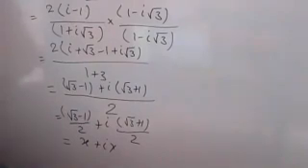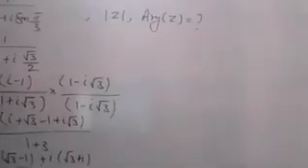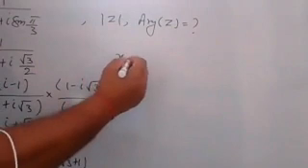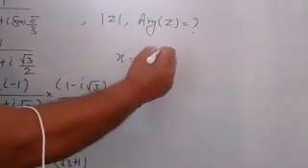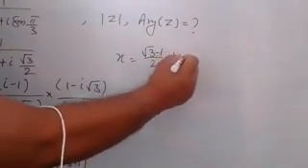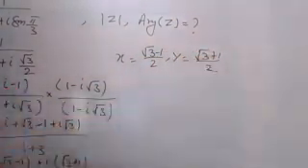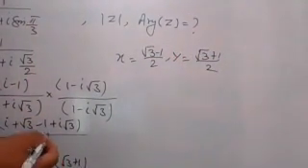Okay. So the values of x and y are known: x is equal to root 3 minus 1 upon 2 and y is equal to root 3 plus 1 upon 2. Understand? Now find its modulus.